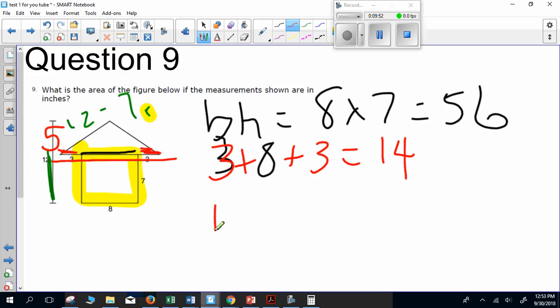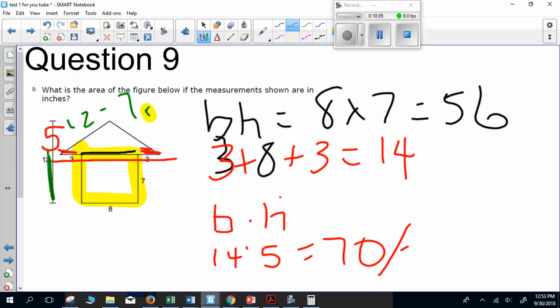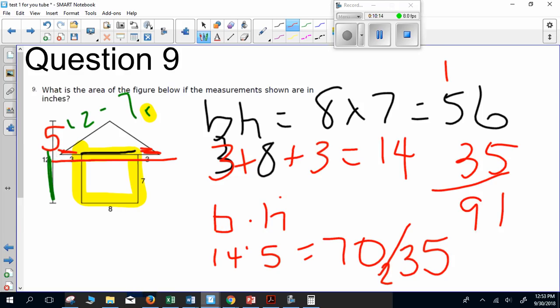So it's going to be base, which is 14, times height, which is 5. 14 times 5 is 70. 70 divided by 2 is 35. So 56 plus 35 is 91 square inches.